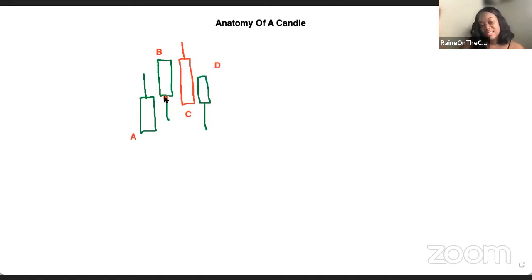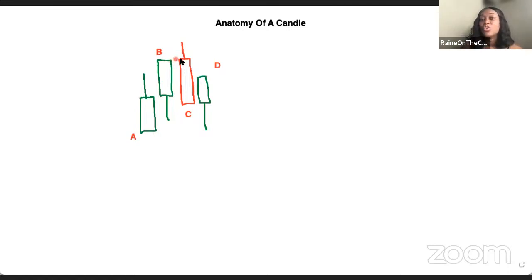But let's see. So candle B, price opens at the bottom of the body. Where does it close? At the top of the body. So then where does candle C open? Candle C is bearish, so it opens at the top.